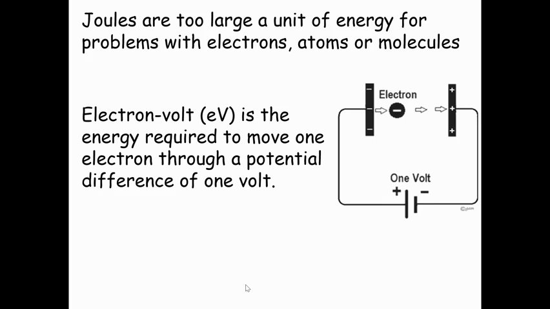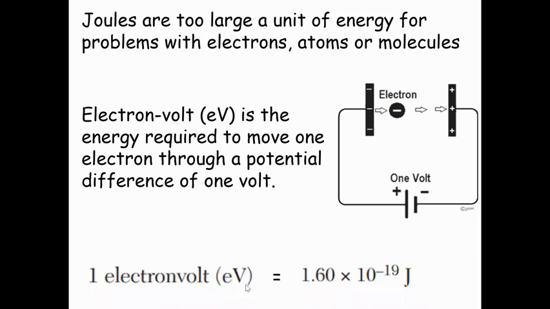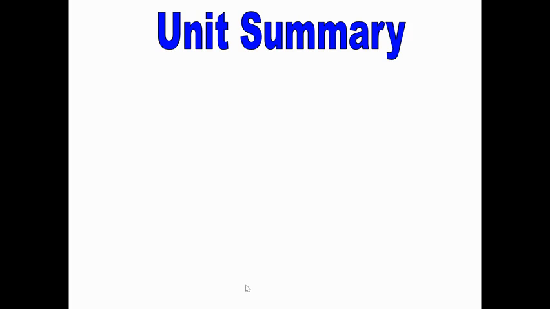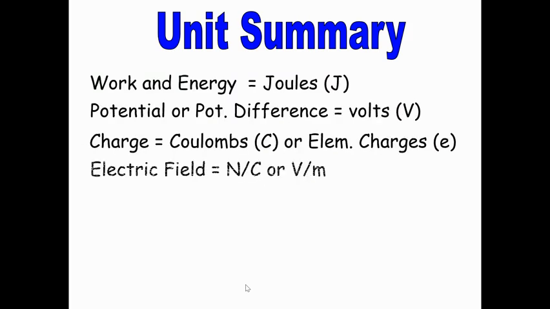An electron volt is the energy required to move one electron through a potential difference of 1 volt. And this is given on your reference table as well. 1 eV, or 1 electron volt, is equal to 1.60 times 10 to the negative 19 joules. Sometimes you'll have to use that to do unit conversions.